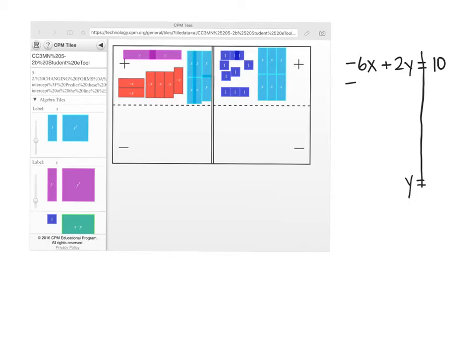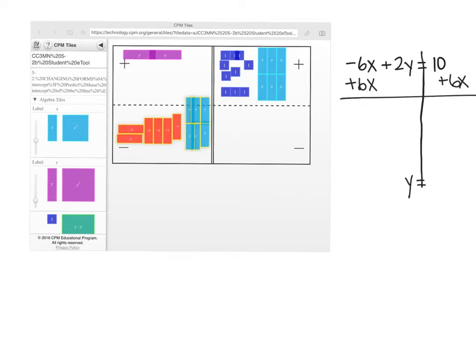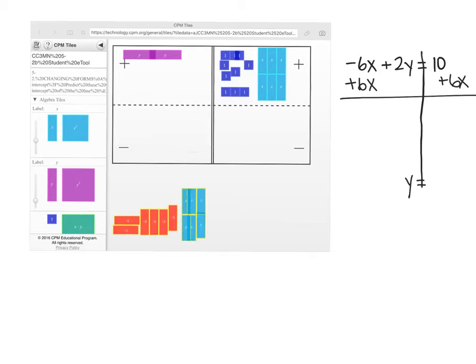I just added 6x tiles to both sides of the equation mat. So now on the left side of the equation mat, I have 6 zero pairs, because a negative x and a positive x equals 0. So I can remove those tiles because they equal 0.